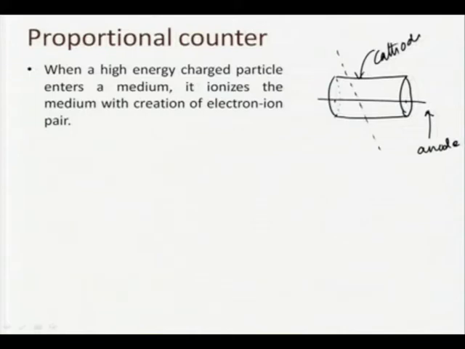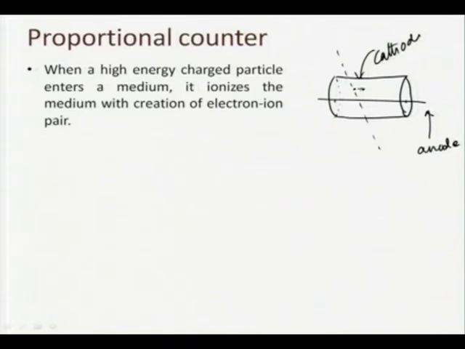Imagine a charged particle passing through this tube. The tube will be filled with an appropriately chosen gas, and this gas will ionize as the high energy charged particle passes through. It will knock out electrons from the atoms or molecules of the gas inside. So, let us say an electron is produced by this interaction and is ejected.